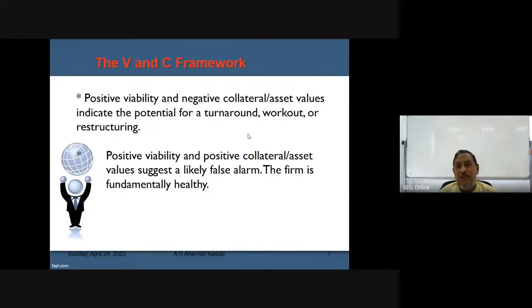Positive viability and negative collateral asset values indicate the potential for turnaround, workout or restructuring. Where viability is very positive, the business can be continued as the market is there, but collateral may not be available. So we can go for a business turnaround, workout or restructuring. These are the structures available.